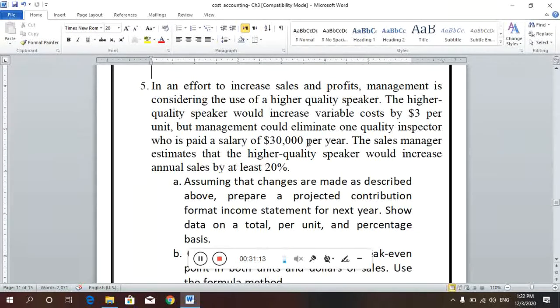This is an introduction to number 5. Number A: assume that the changes are made as described above.